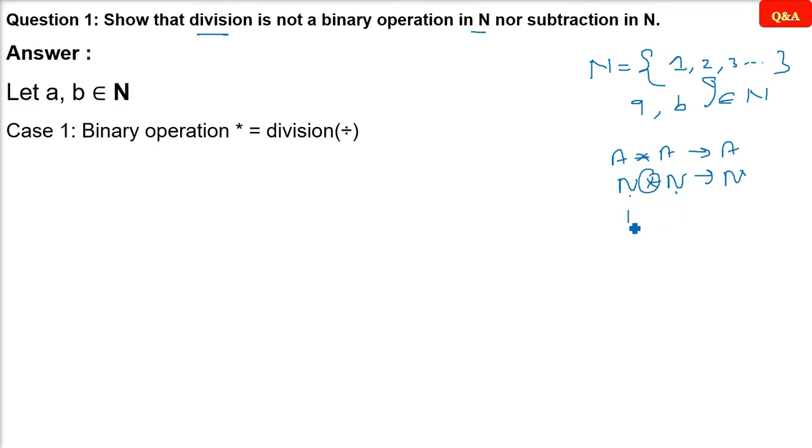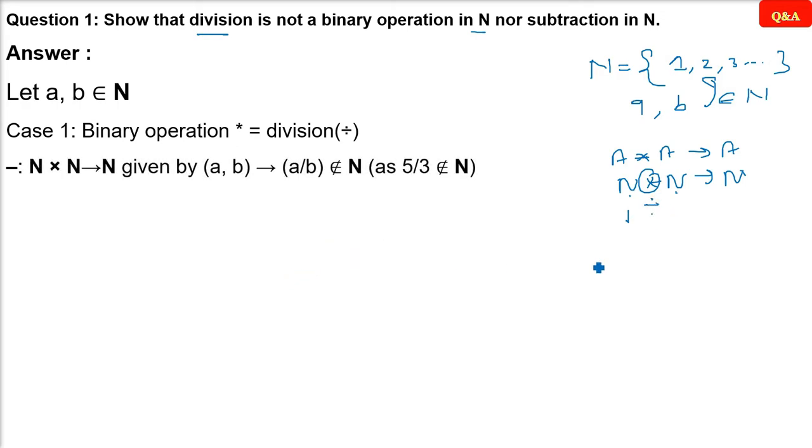So when we take division, it may not be possible. We are taking the first value and the second value, the binary, and operating using the division operator, where N is 1, 2, 3. If you take A as, say, 5, I'm just taking a random value. You can also pick any random value.